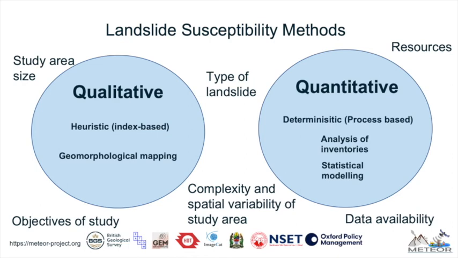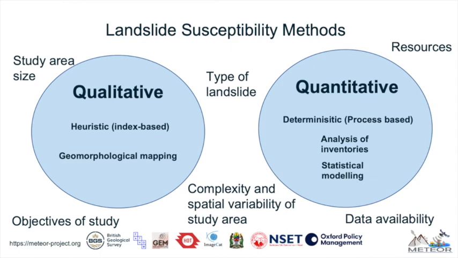Now all of those will need to be taken into account when you're choosing your methodology, because not all of these different methods are suitable to be used at every single scale. You also want to look at the type of landslide that you're looking at. So do you need to look at the initiation of the landslide as well as the run out? So will you need to look at both of those in your susceptibility? You also need to look at the objectives of the study. Do you require a level of objectivity about the results?